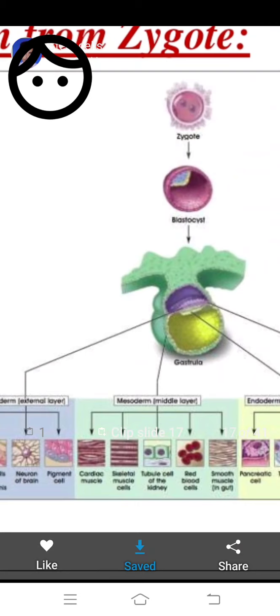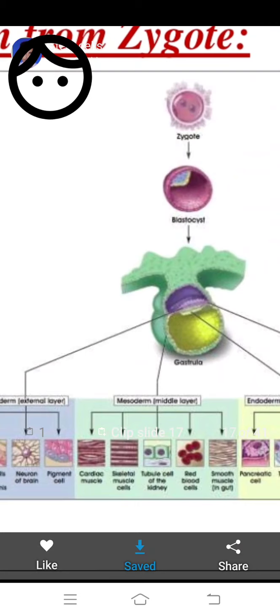Next one is the tubule cell of the kidney. Okay, kidney. Next, red blood cells means RBC. Next, smooth muscle also forms. Okay, smooth muscle in gut.